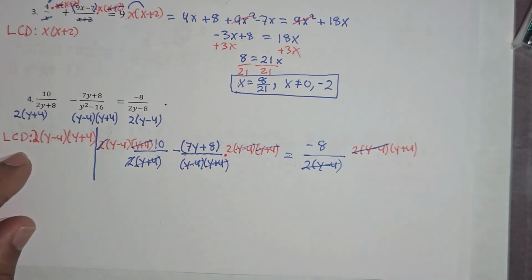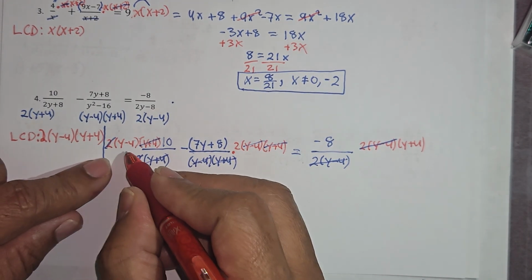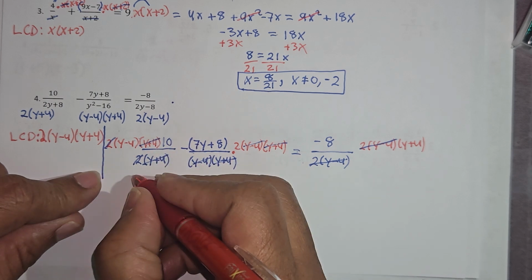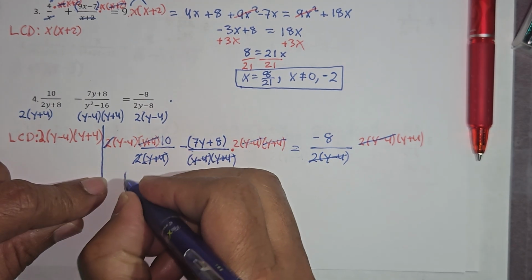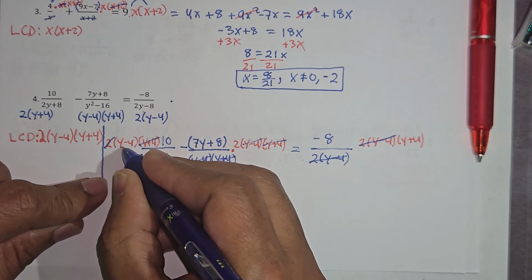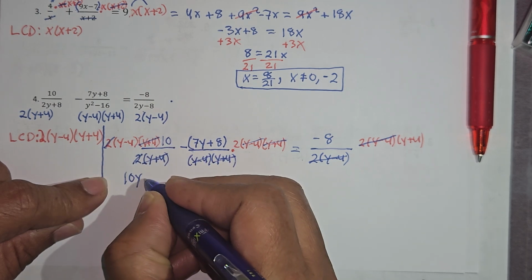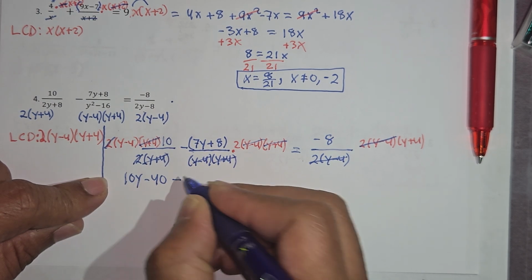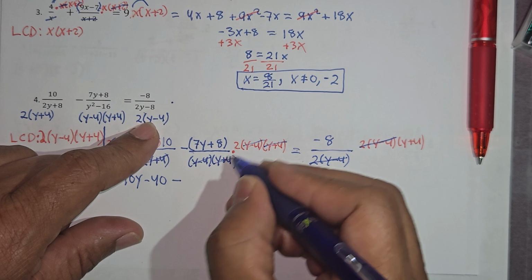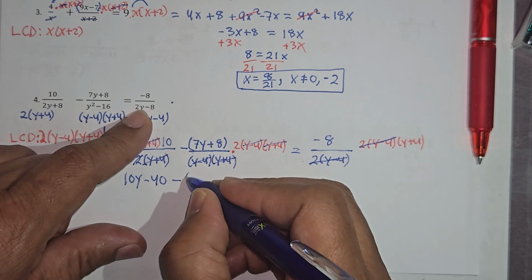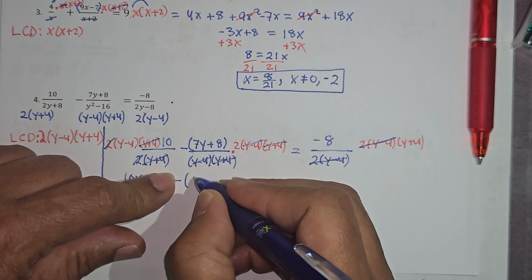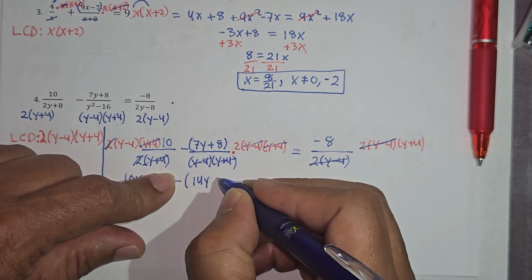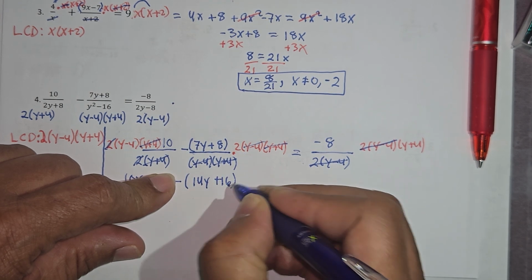Okay, so then start multiplying. So we have y times 10, that's 10y, and 10 times negative 4, that's minus 40. Minus, notice this negative here, so I'm going to distribute, and then I'll distribute that negative in the end. So then this will be 14y plus 16.